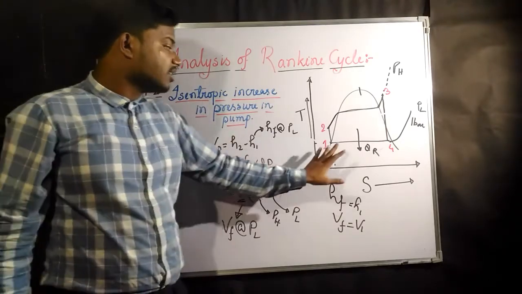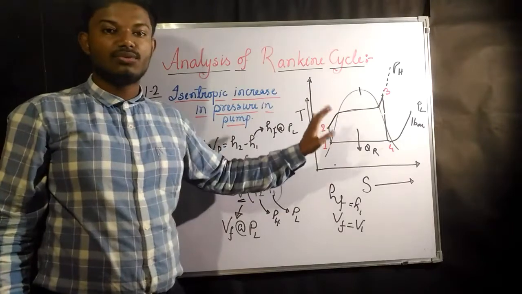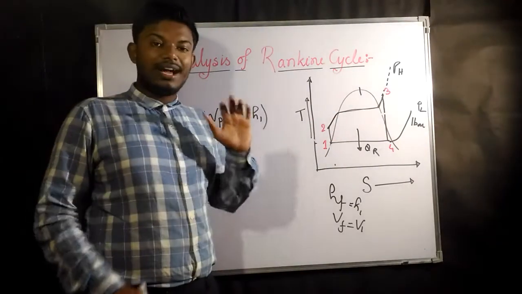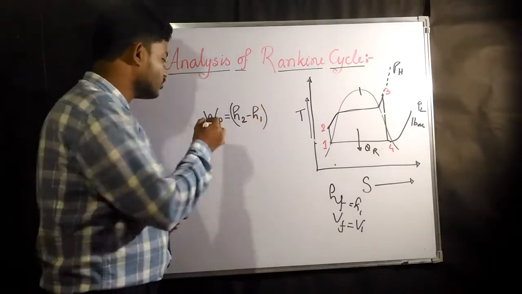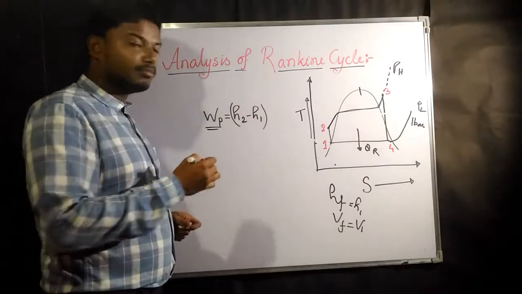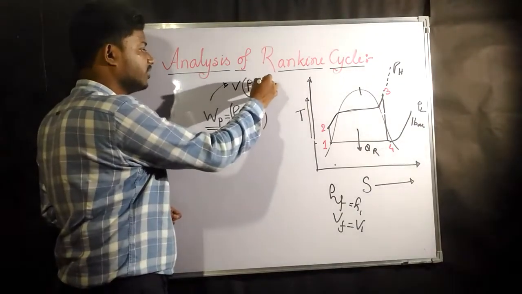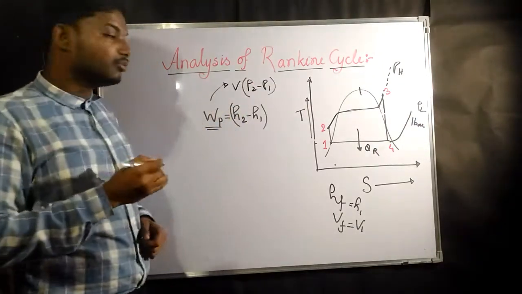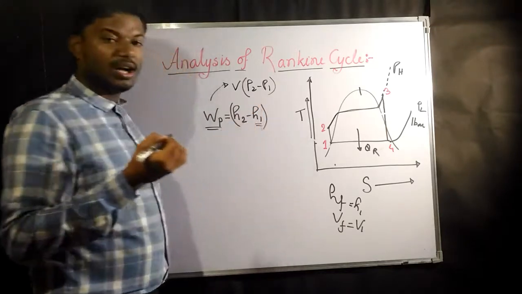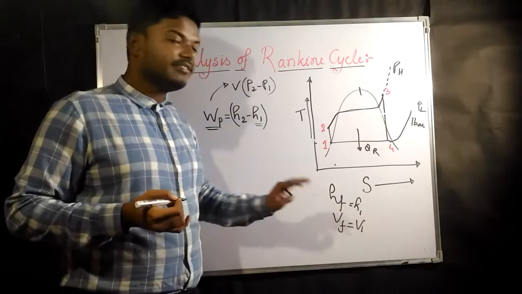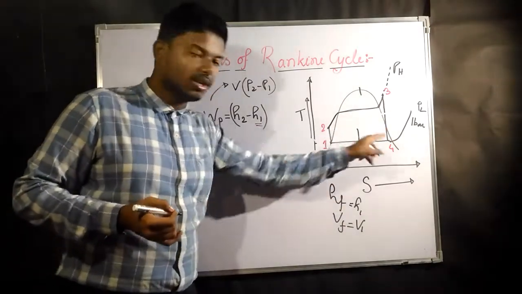So this completes the analysis of process 1 to 2, that is the pumping process. In the previous board we have already found the work done by the pump: V into P2 minus P1 gives us WP. H1 we know, because H1 is nothing but HF at the lower pressure.